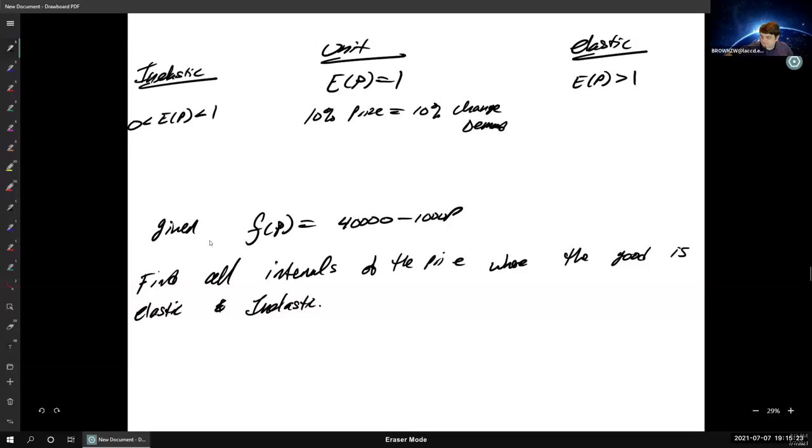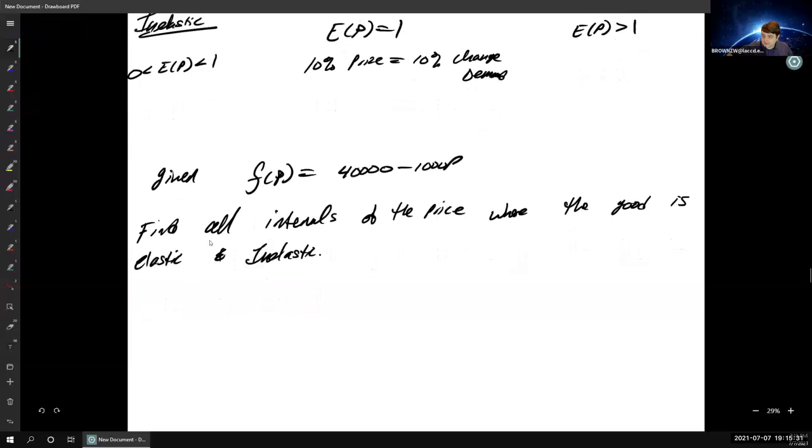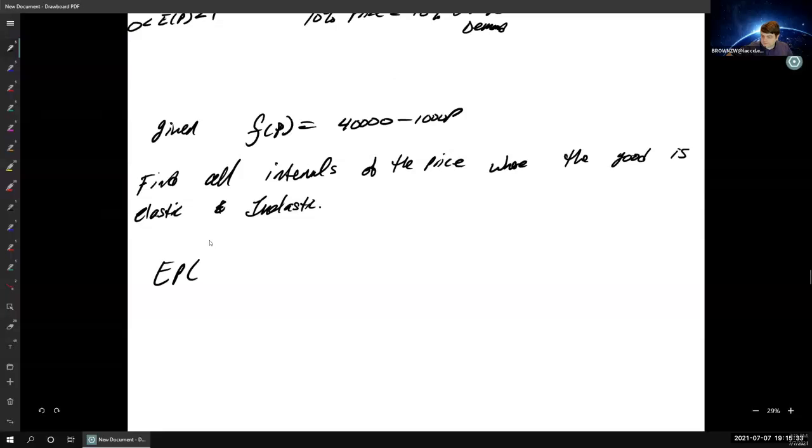Okay, so we're still going to go back and do our elasticity function. E of p is negative p times f prime of p all over f of p. So real quick, finding f prime, just the derivative of this, which is 0 minus 1,000, so it's just negative 1,000.